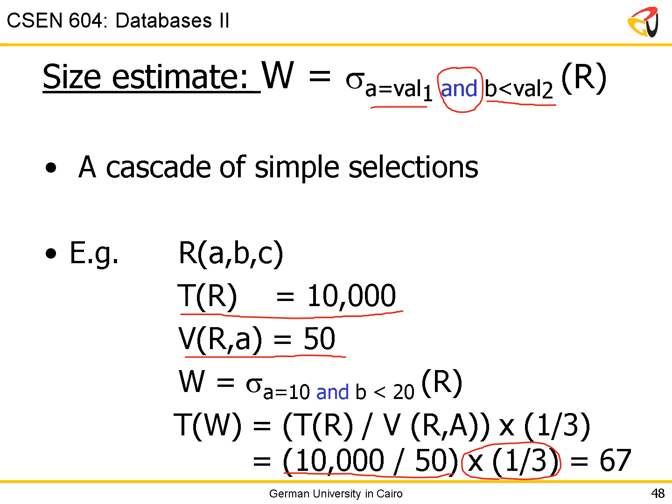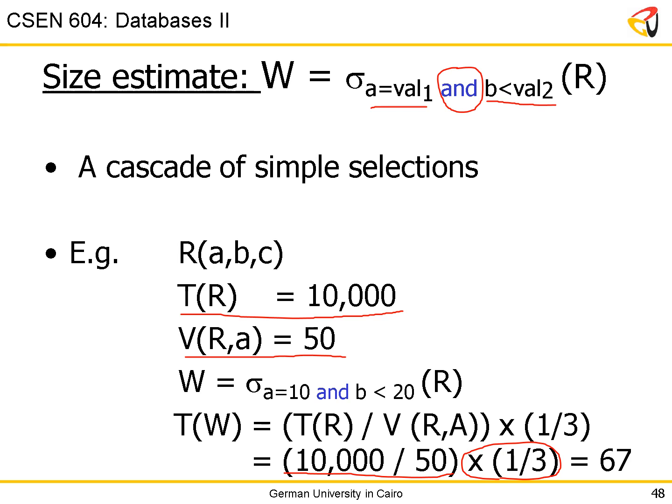I'm not going to do the 1/3 on R, I'm going to do the 1/3 on the result set coming from this first term. So it's going to be 1/3 of 1 over 50 multiplied by 10,000.